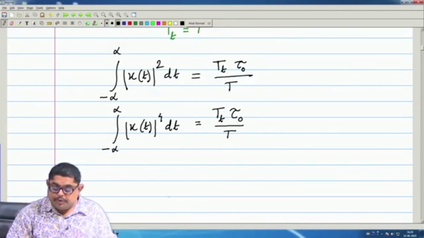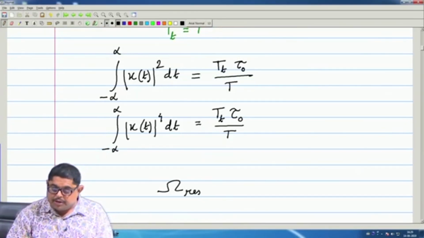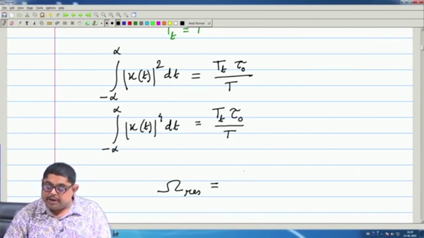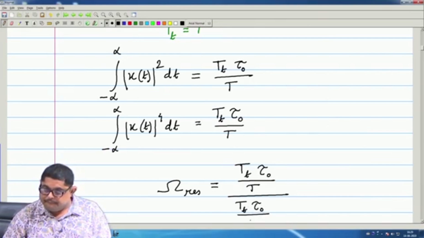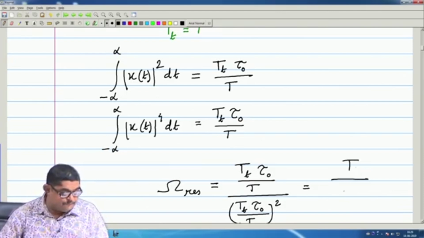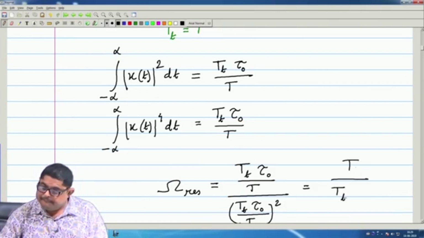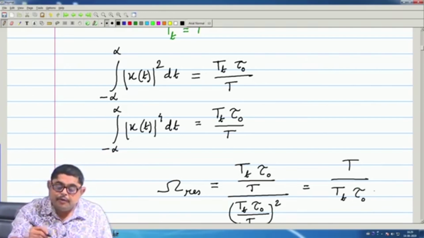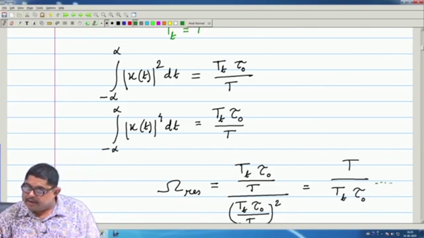So the Doppler resolution in this case becomes, so this again I can give a number. So, this will be 61.